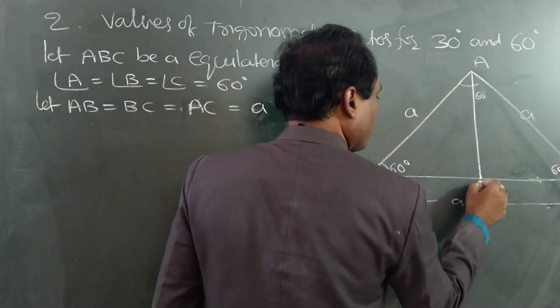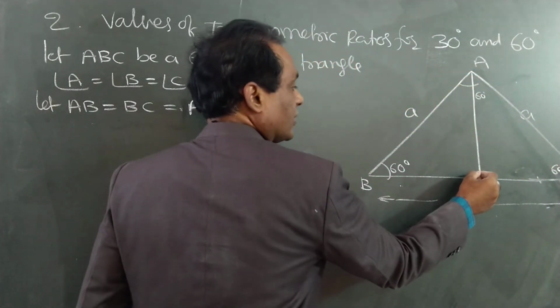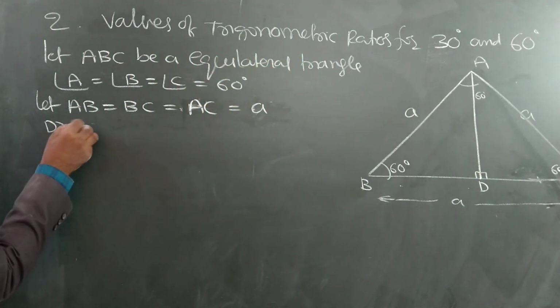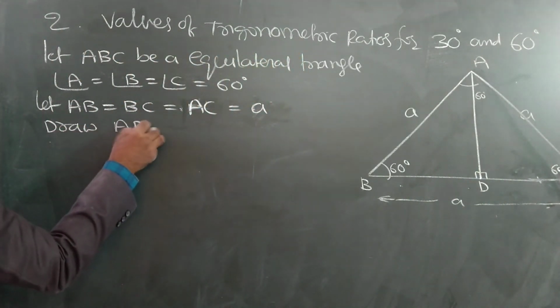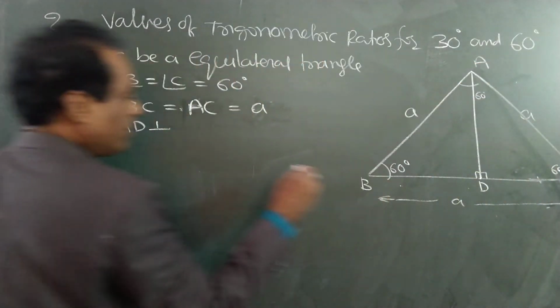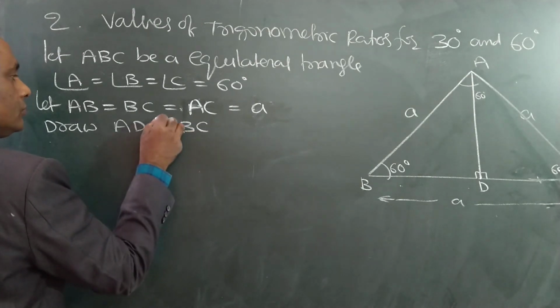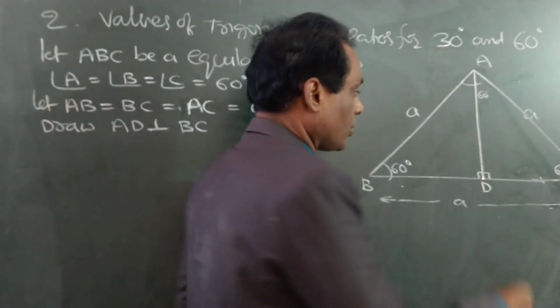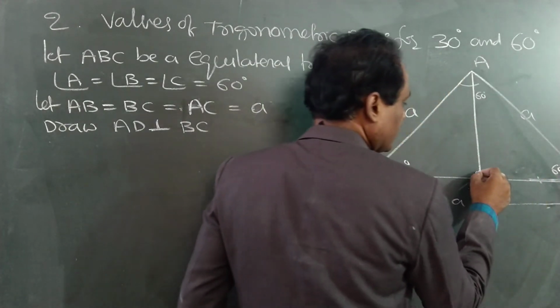Write down: draw AD perpendicular to BC. Perpendicular means it will make 90 degrees.